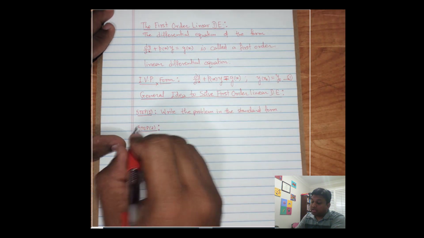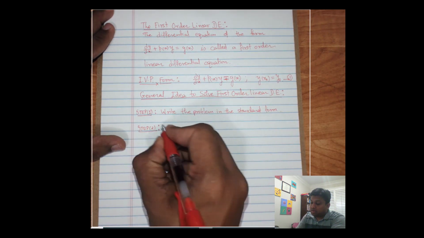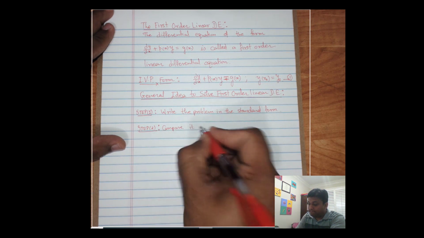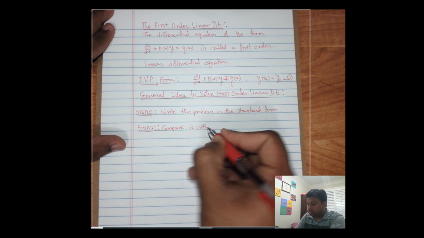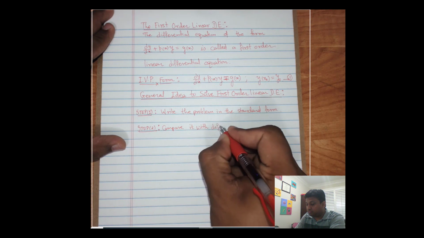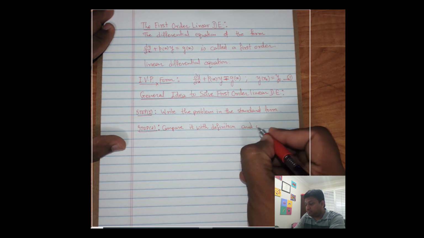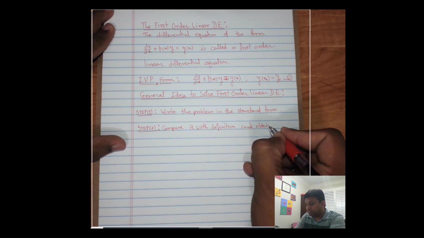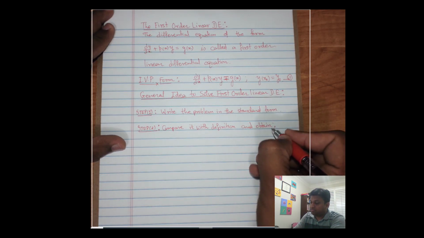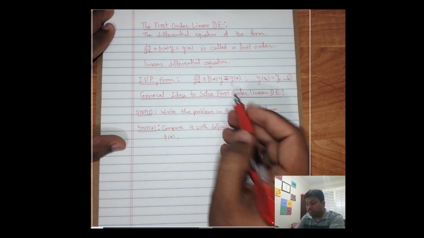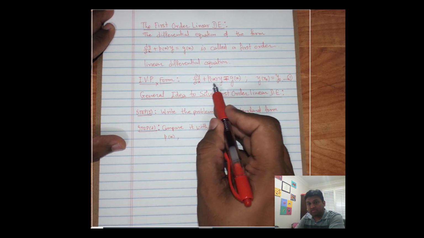Step 2, compare it with the definition and obtain the following. Obtain p of x. I call it the coefficient function because it is multiplied by the y to the power 1 term.